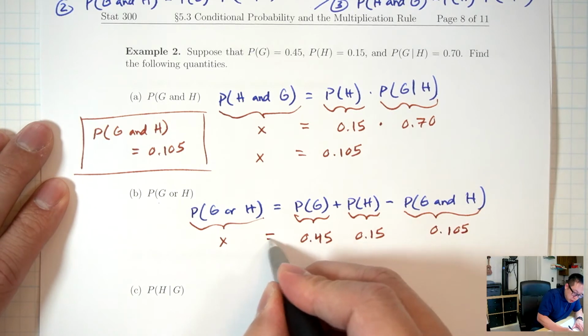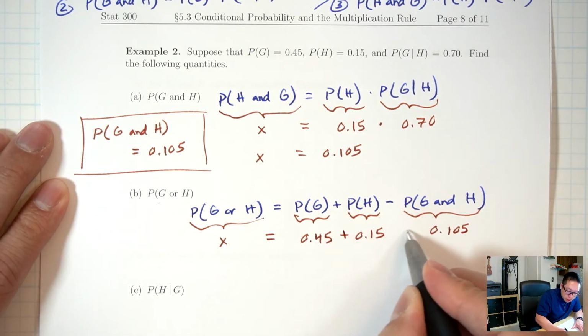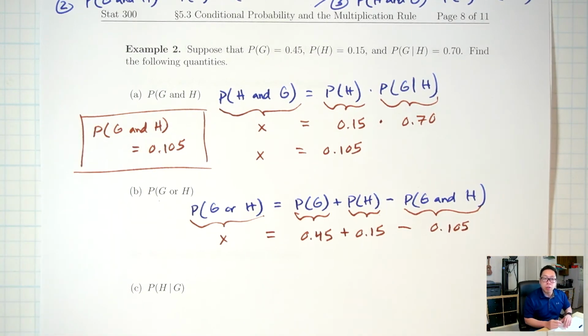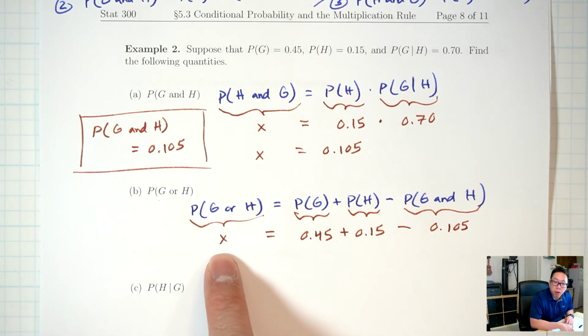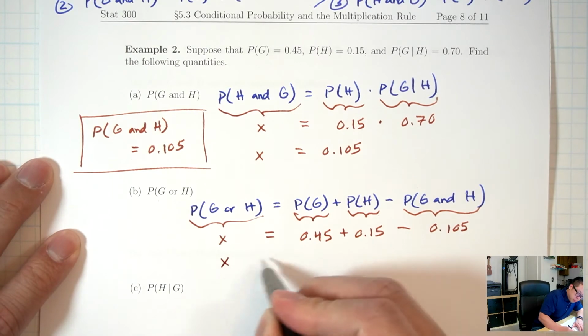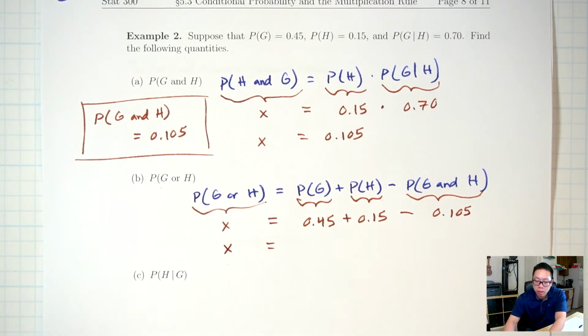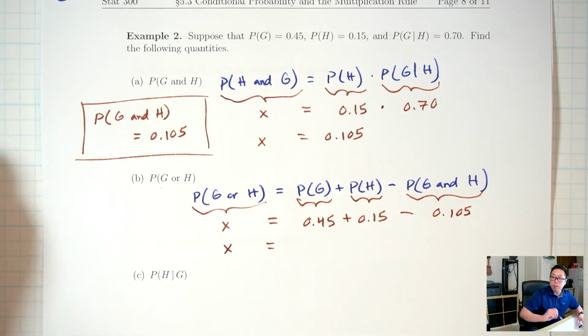There's an equal sign right here. Be careful, there's a plus sign in the middle here. And then between these two, there's a minus sign. And then your job is to get the X by itself. The X is already by itself, so all you need to do is simplify the right side. So the right side is going to be 0.45 plus 0.15 minus 0.105, and you get 0.495.